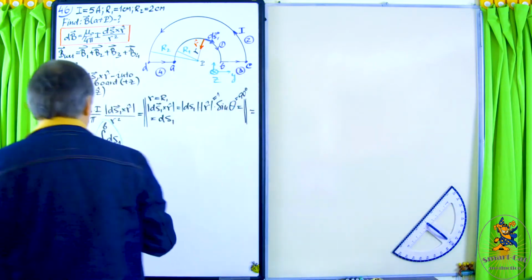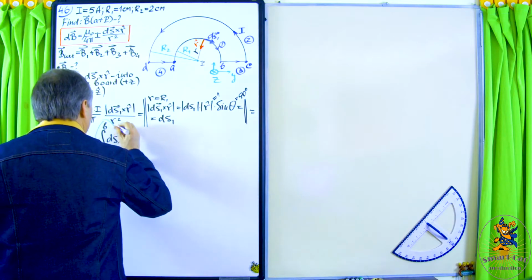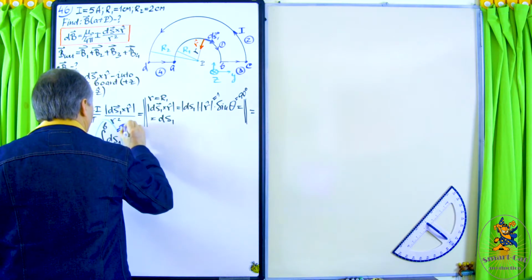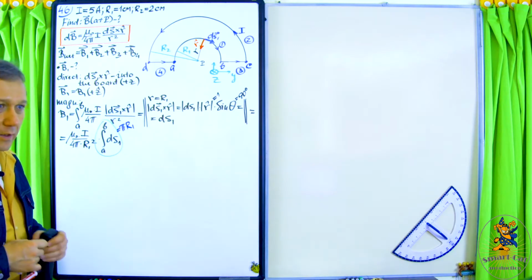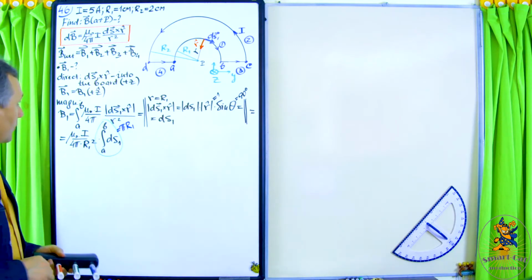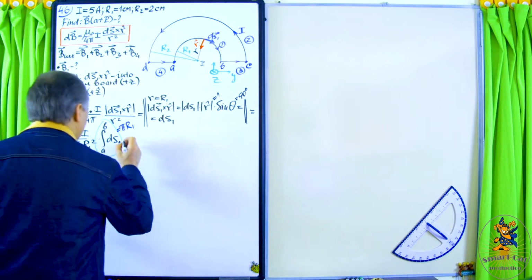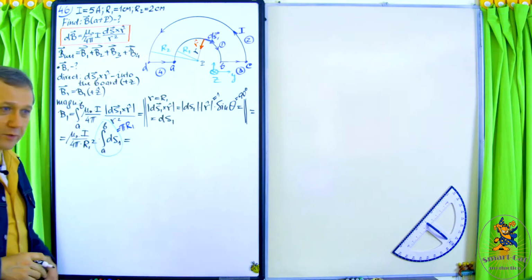Of course, everyone knows that, right? So the value of this integral is pi r1, because the radius here is r1, right? Okay, so now you see that?